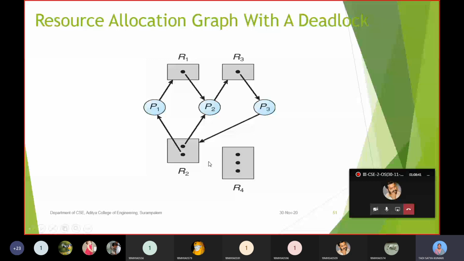This creates a deadlock situation in this particular resource allocation graph.